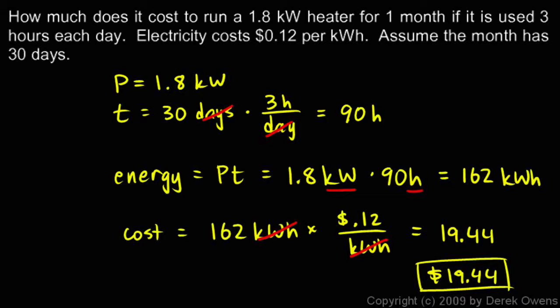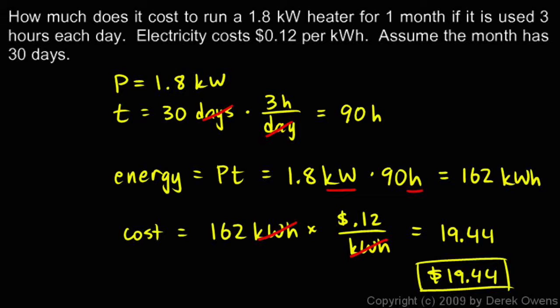Calculate the cost of leaving the light on for 10 hours by multiplying the number of kilowatt hours by the cost per kilowatt hour. Cost equals 0.6 kilowatt hours times 8 cents equals 4.8 cents. Therefore, the cost of leaving the light on for 10 hours is 4.8 cents.